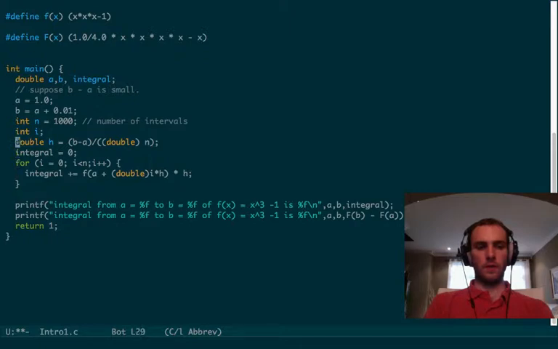So you have 1,000 intervals, and you're doing this thing 1,000 times. So you're adding 1,000 things to this variable, and each one of these things that you're adding is f at a certain point.